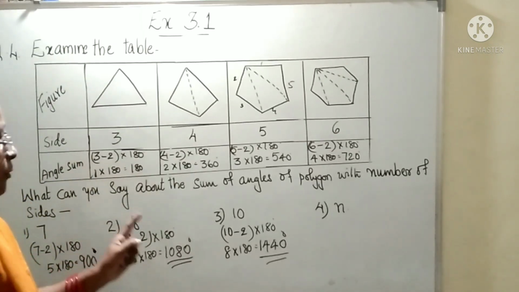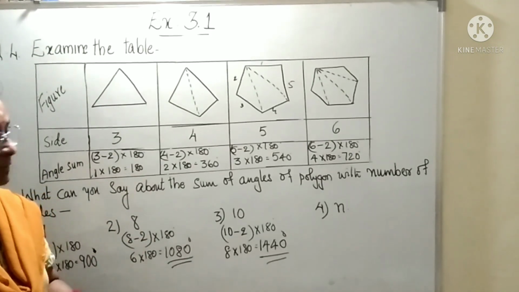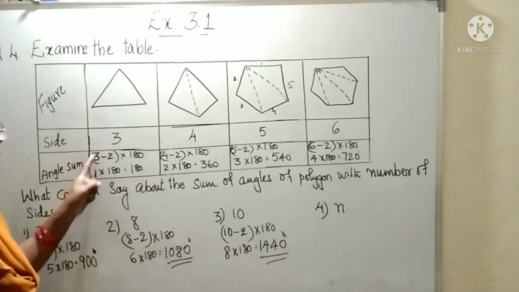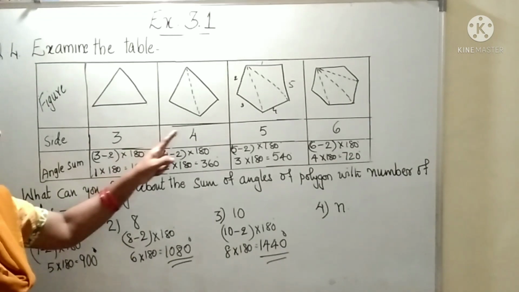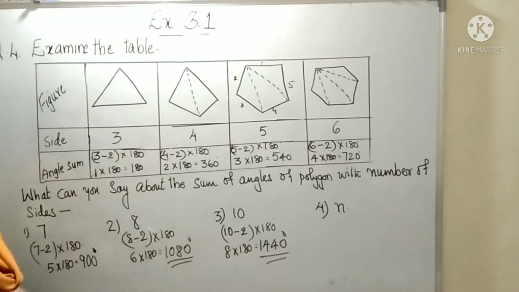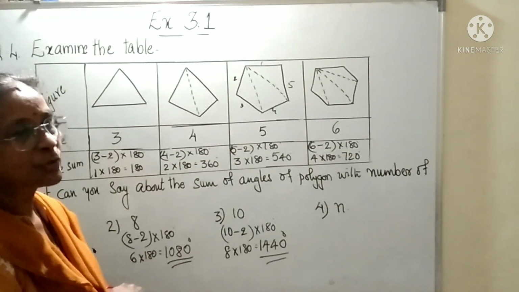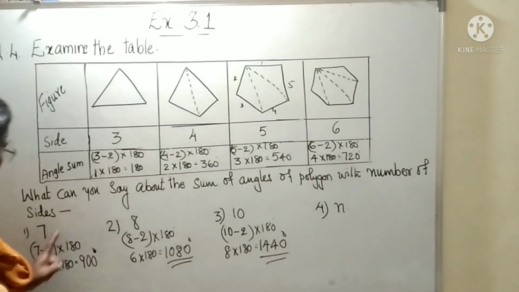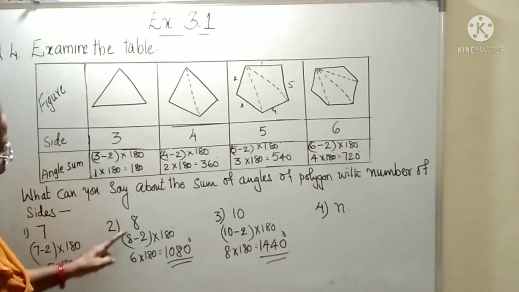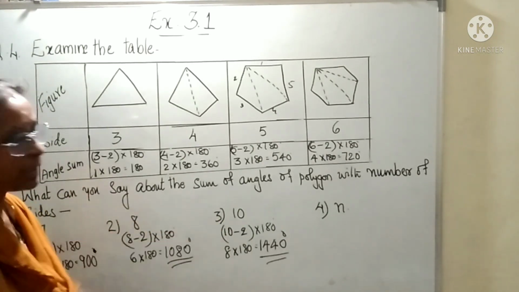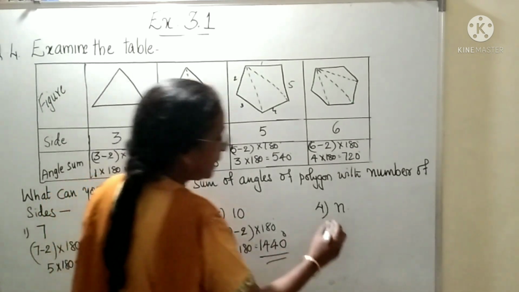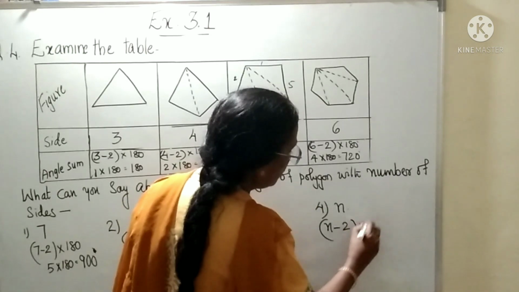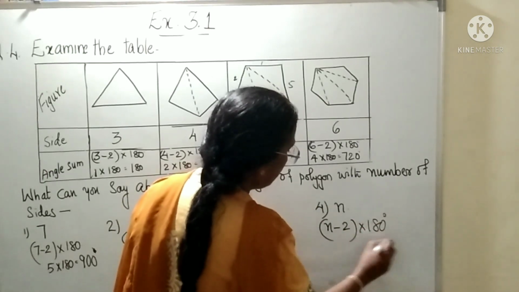Now from here we have to find out if there are n sides. N can be any number. Whatever be the side, what we got, see 3, then 3 minus 2 into 180. 4, 4 minus 2 into 180. 5, 5 minus 2 into 180. 6, 6 minus 2 into 180. 7, 7 minus 2 into 180. 8, 8 minus 2 into 180. 10, 10 minus 2. So when there are n sides, then n minus 2 into 180 degree.